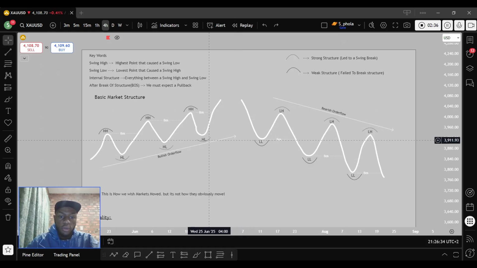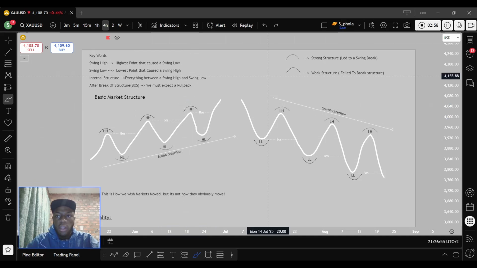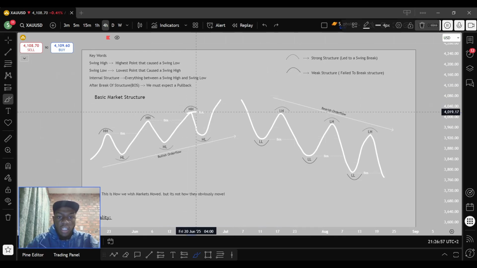In this video, we'll have a couple of keywords that I want us to go over first. We'll have keywords such as swing high, which in our case is the highest point that caused a low. So this is a swing high, this is a swing high, this is a swing high, because it is the highest point.